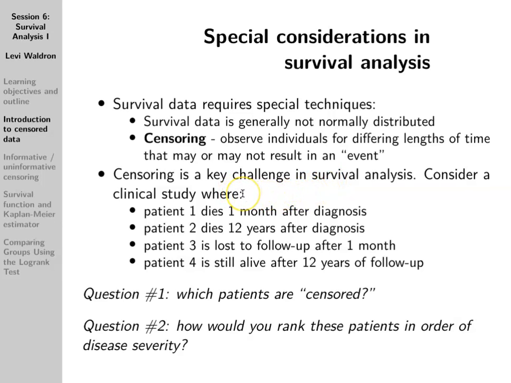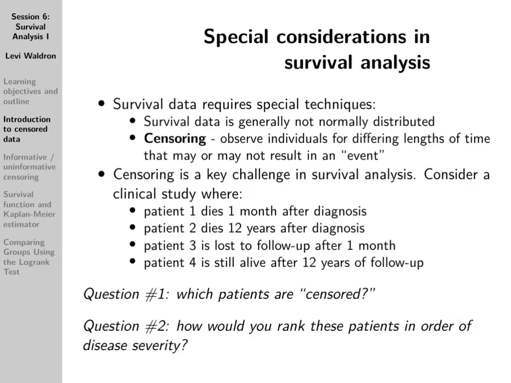And just to give you an idea of why, let's consider a study with just 4 patients, a hypothetical study, where patient 1 dies 1 month after diagnosis, patient 2 dies 12 years after diagnosis, and then patient 3 is lost to follow-up after 1 month, and patient 4 is still alive after 12 years of follow-up.